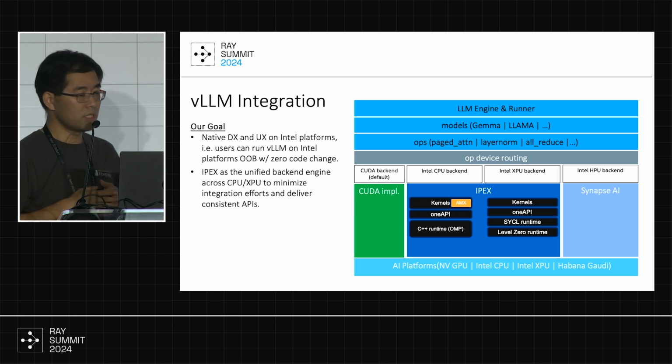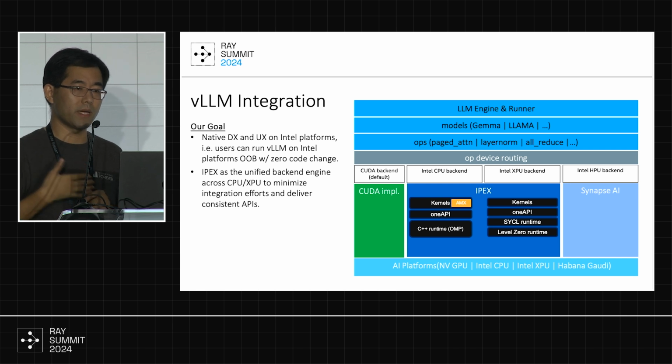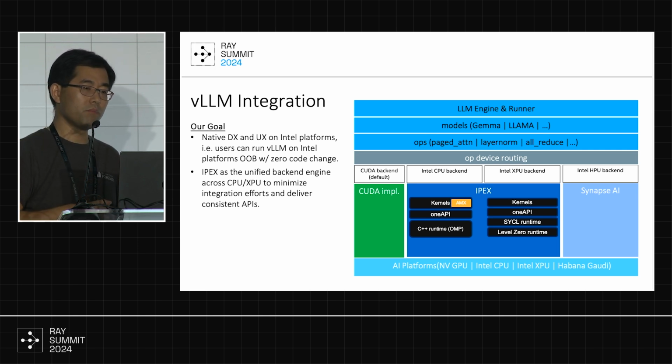In order to achieve this, my team co-worked very closely with the vLLM team and implemented this multi-backend integration for different hardware, at the OP layer. Through this way, we can maximize the reuse of the core vLLM features, right? We don't reinvent the wheel, and we only have to implement those kernels for those particular hardware platforms.